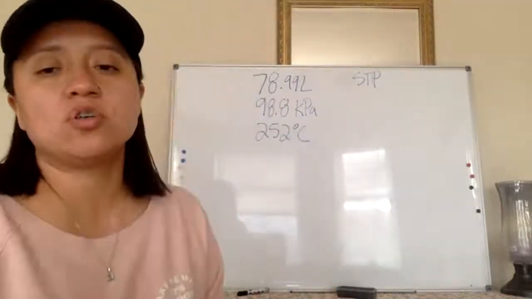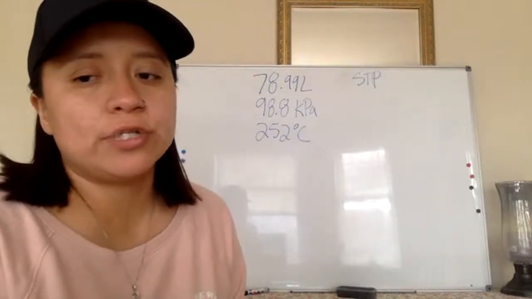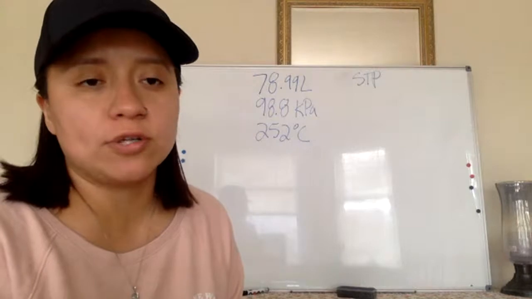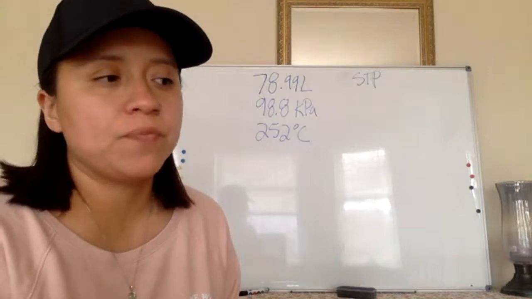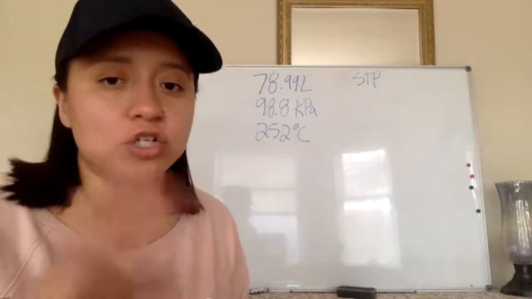Do you guys remember what two numbers STP represents? So standard temperature and pressure, that's what STP stands for. What is the standard temperature? Look at your cheat sheet. You have it in your cheat sheet.